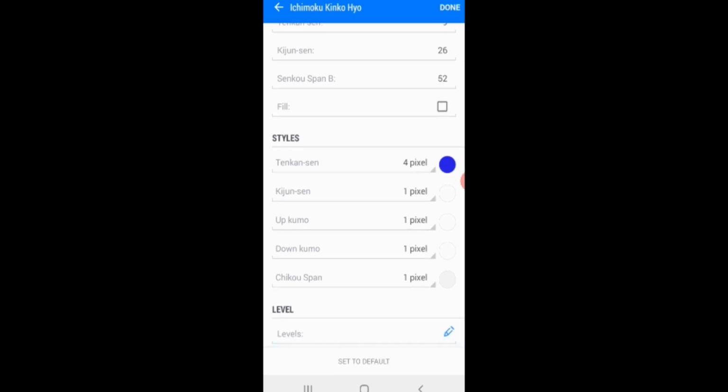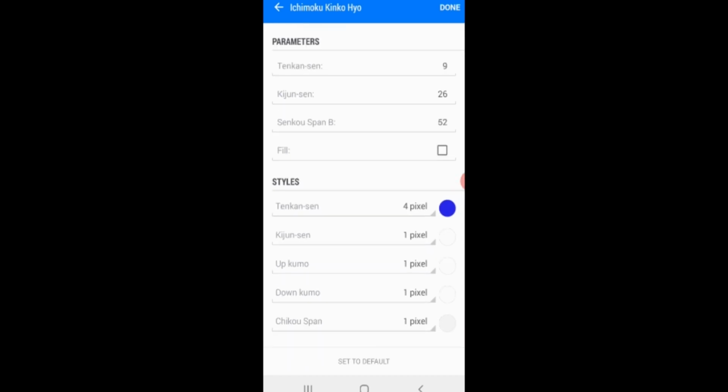Then the pixel, the first one is 4 pixel, then the second one 1 pixel, and all the rest 1 pixel. You use the color of your screen; my MT5 is white, so I'm using this color because you don't need to show the Ichimoku. So I believe we understand that.